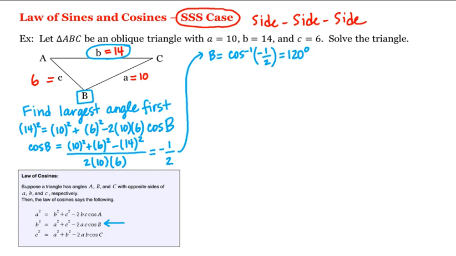So let's mark that in our figure here. B is 120 degrees. And now we have a matching angle side pair, capital B and little b.